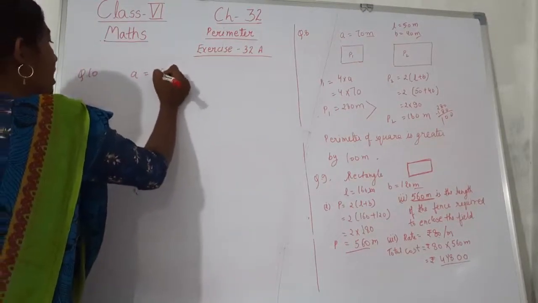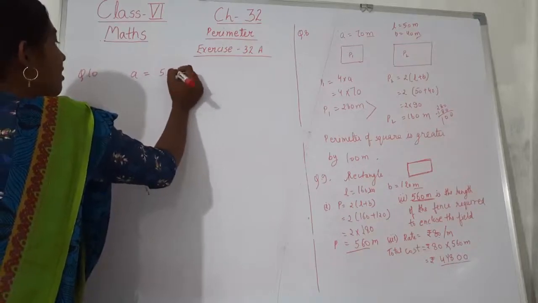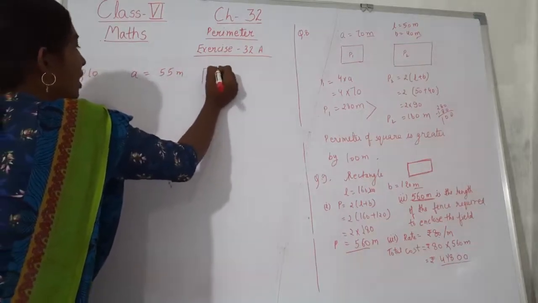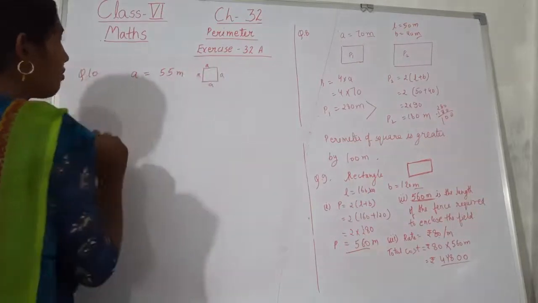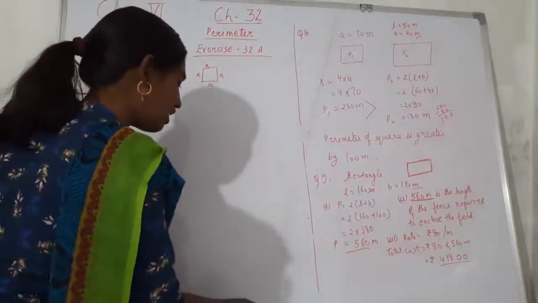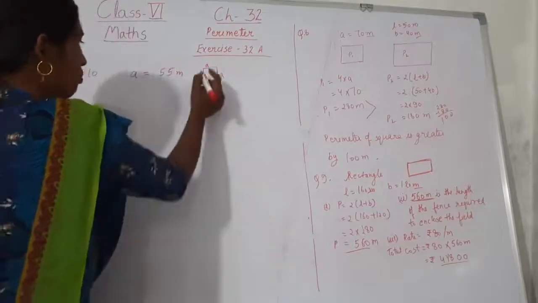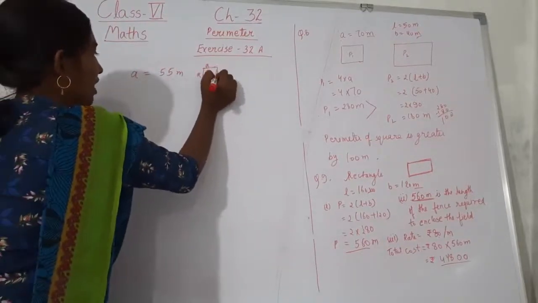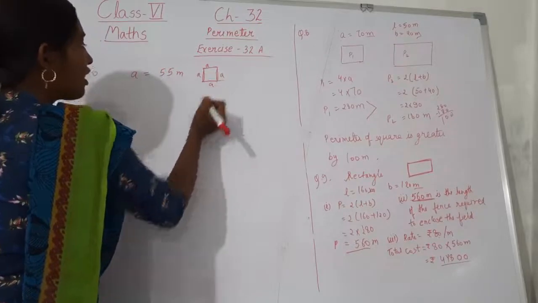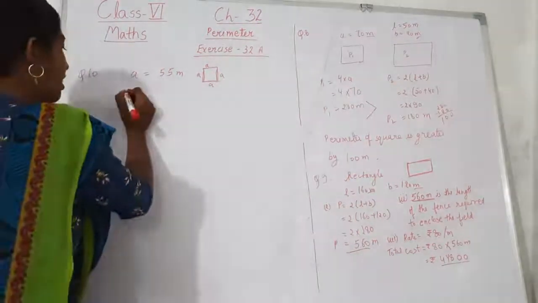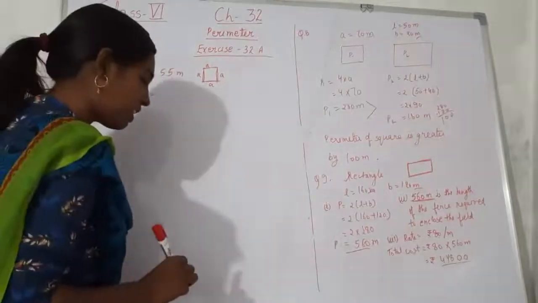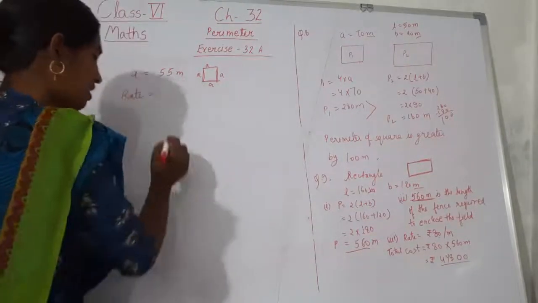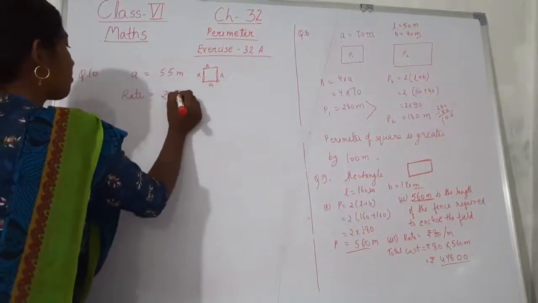It is a square and the length of the square field is 55 मीटर. It is asking, find the cost of fencing the plot. इस प्लॉट में हमें फेंस लगानी है, उस फेंस को लगाने की कितनी कॉस्ट आएगी ये फाइंड करना है. The rate of the cost of the fencing is given. It is given as 32 rupees per meter.